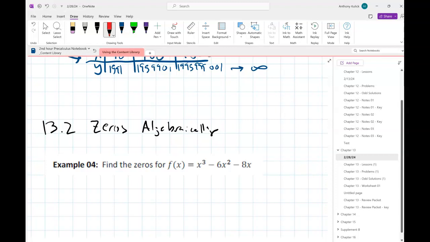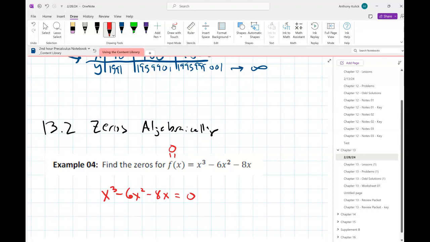So if I have a polynomial and I want to find the zeros, I want f of x to be 0, right? Because f of x is the y-coordinate. If I'm looking for x-intercepts, those have y-coordinate 0. And I want to find the x's that make this y-coordinate 0. What we're really talking about is solving for x.